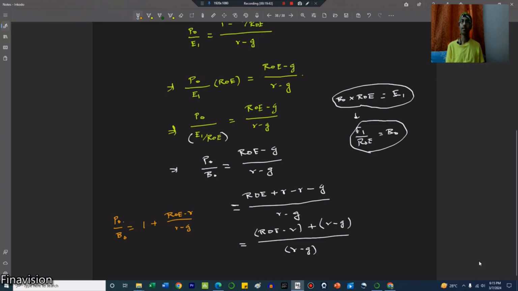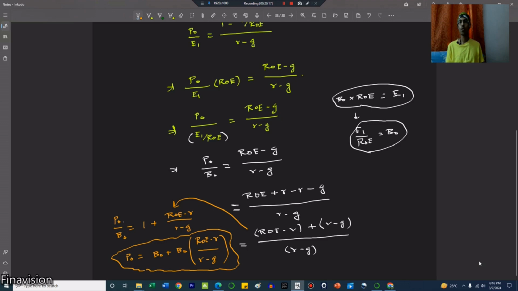So this becomes this, right? If we multiply both sides by B0, this becomes P0 is equal to B0 plus B0 into (ROE minus r) by (r minus g). This is our expression for single stage valuation through residual income. We can also replace this P0 with V0.